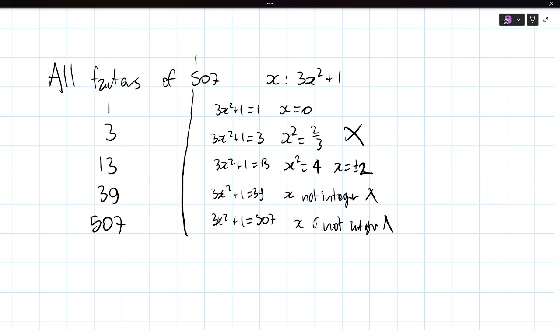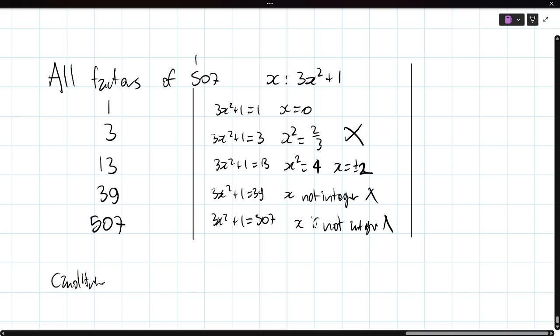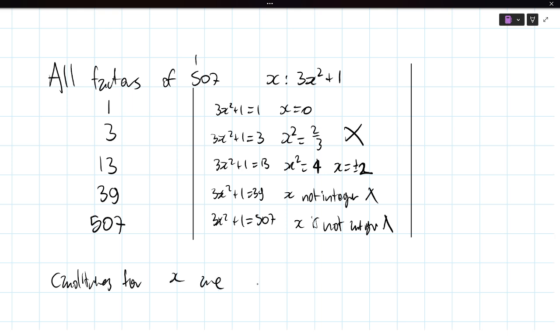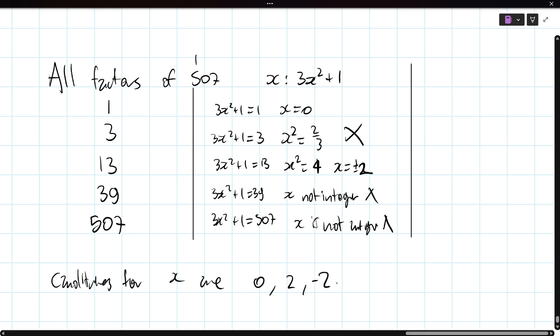I have this table here to make sure my work is neat, although it's clearly not that neat. But yeah, so my candidates for x are 0, 2, and minus 2.